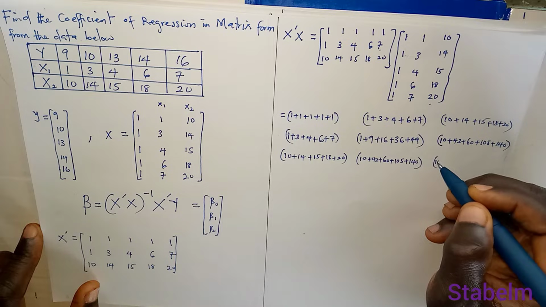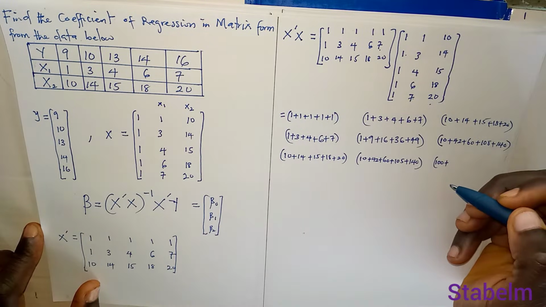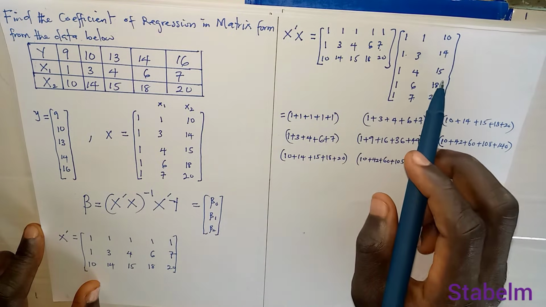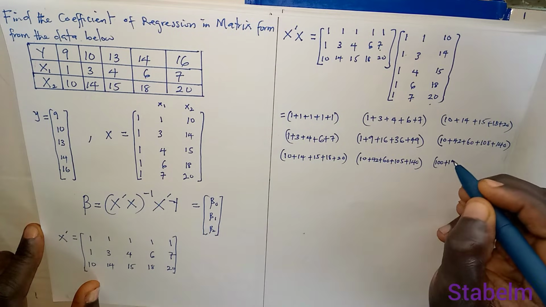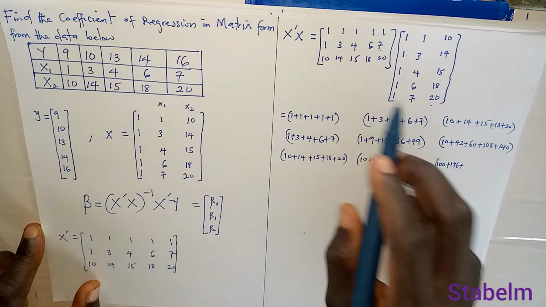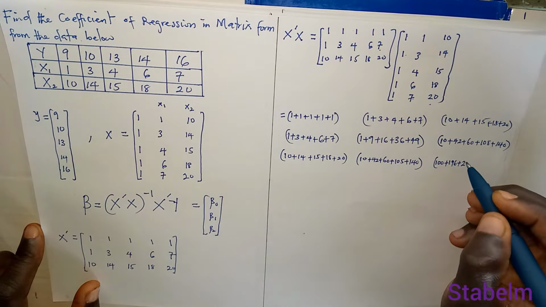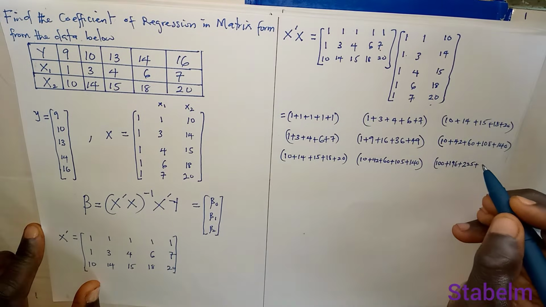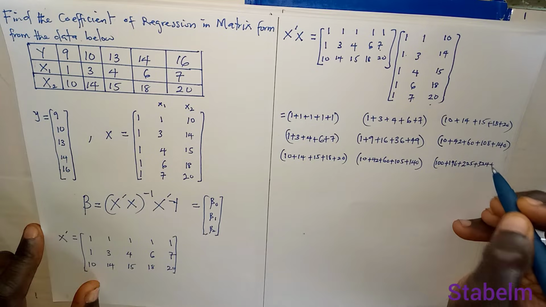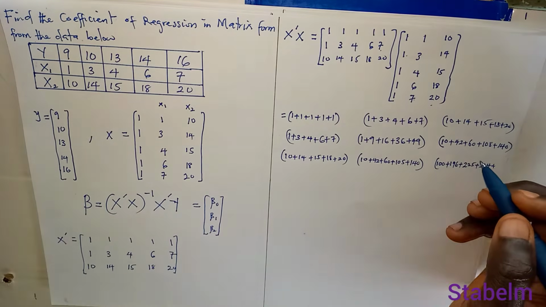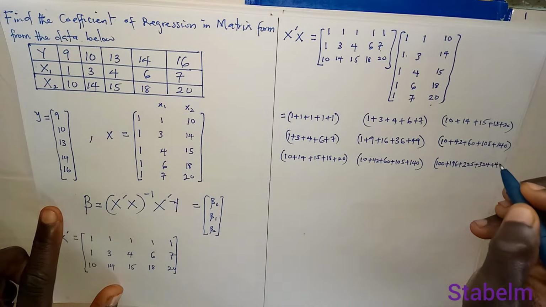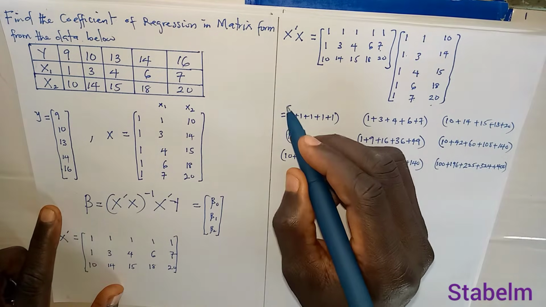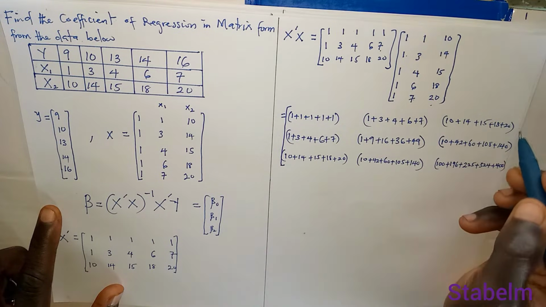It is going to give us 100 plus 14 times 14, 196, plus 15 times 15, 225, plus 18 times 18, 324, plus 20 times 20, and that will give us 400. So this is our matrix for this.